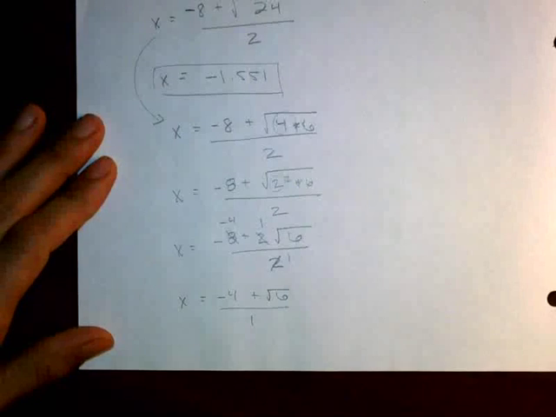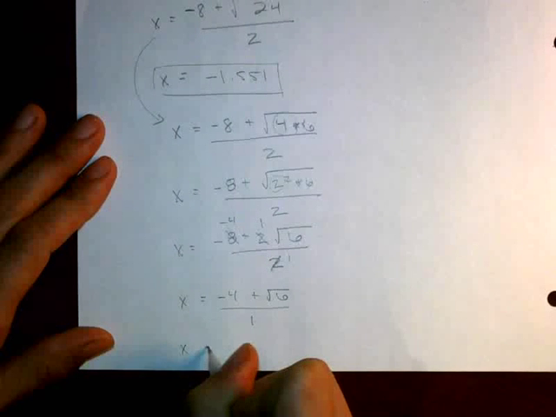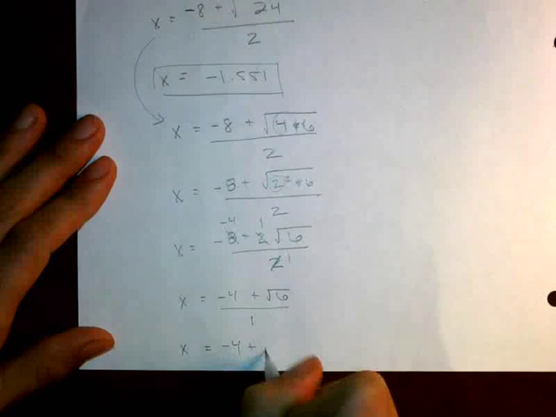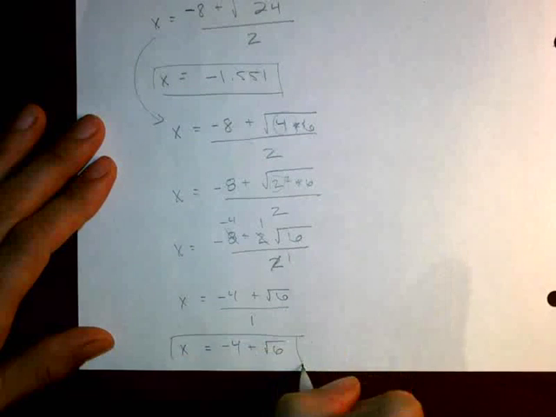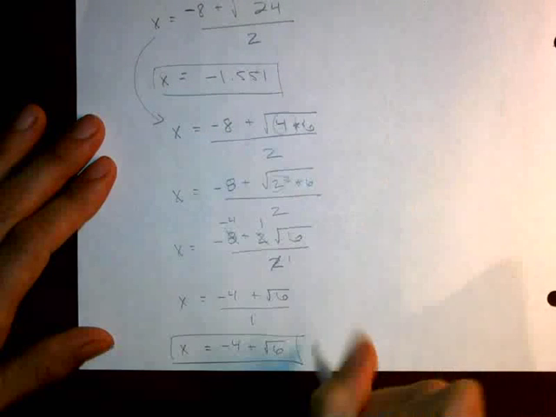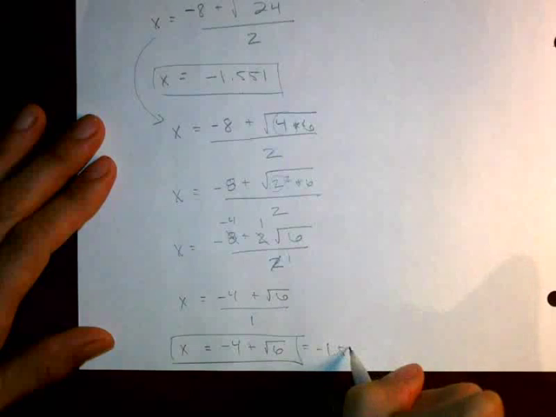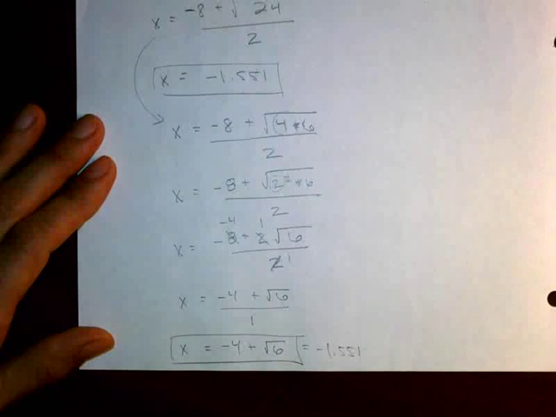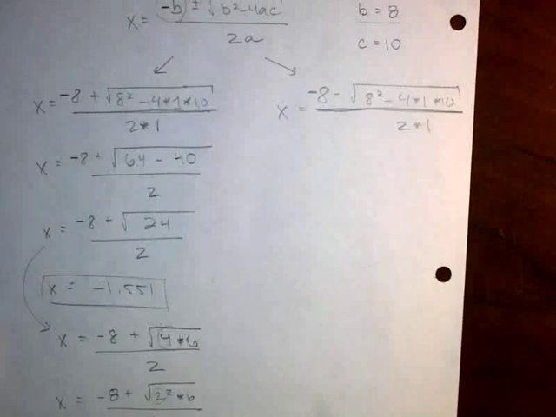All of that is divided by 1, but of course any number divided by 1 is just the number. So in the end, I end up with x is negative 4 plus the square root of 6, which equals negative 1.551. So lots of algebra errors were made in the attempted simplification of some of these radicals.